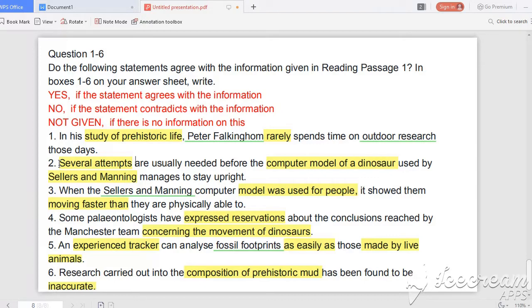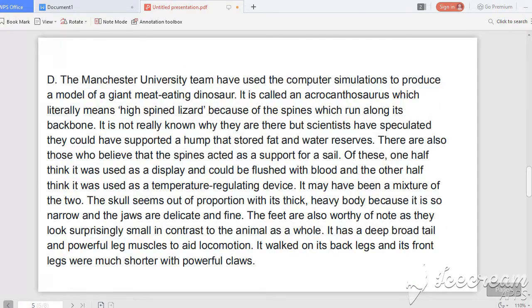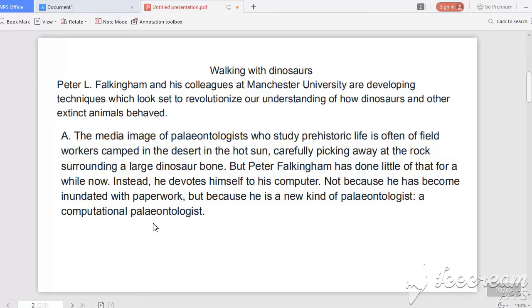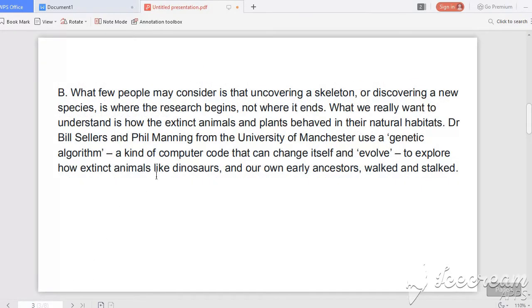For the second question, what we need to look for is Seller and Manning, computer model of a dinosaur, and several attempts. Now let's have a look. As the answers of the questions are in order, we do not need to read this paragraph again, so we need to read the next paragraph.